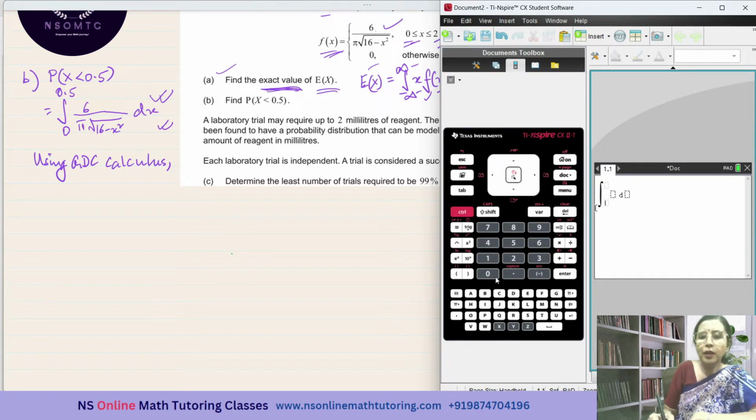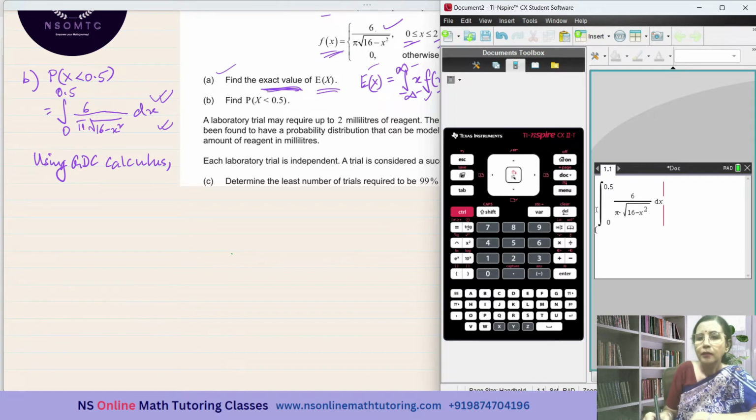Okay, and the limits will be 0 and I can go to this place. It is 6 over pi times square root of 16 minus x square. Okay, and I come to this part, x, and I have to move to the left. Yeah, it is 0.5.